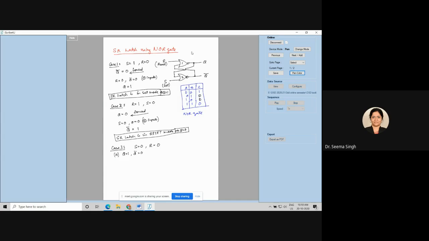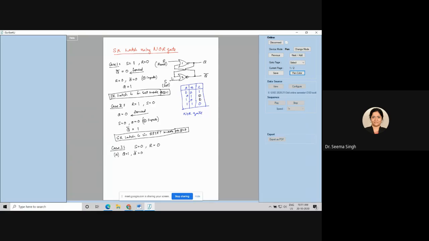Now let us see when Q is 1. All of you see this very carefully. When Q is 1, my second NOR gate will get one of the inputs as 1, one of the inputs as 0. So when one of the inputs is 1 and one is 0, what will be the output? 0. Q bar will be 0. So in the first case, when Q was equal to 1 and Q bar was equal to 0, I will start with the second NOR gate only, because I am happy to work with the NOR gate which gets 1 as the input.